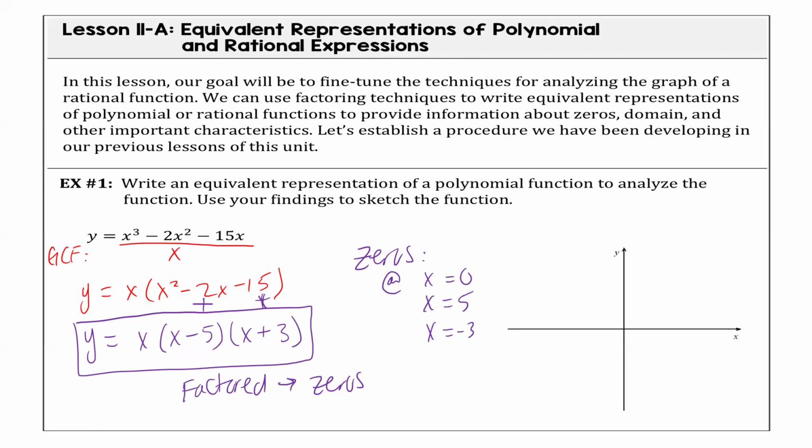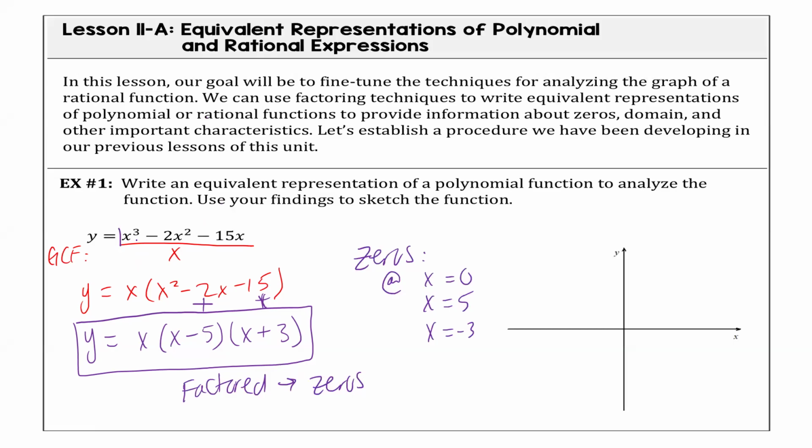So this would be something on the non-calculator part. On the non-calculator, I would have to be able to identify the graph that represents this situation. That means putting into place all the things that I know about polynomial functions. Starting off with the fact that my leading coefficient is a positive 1. Because my leading coefficient is positive, we end up on the right and we start down on the left.